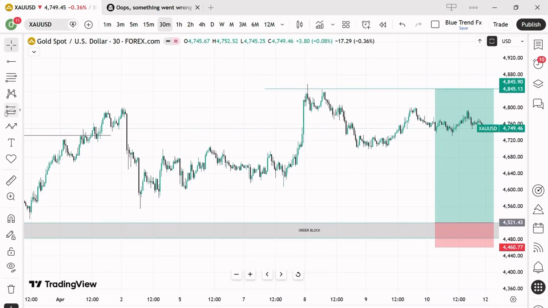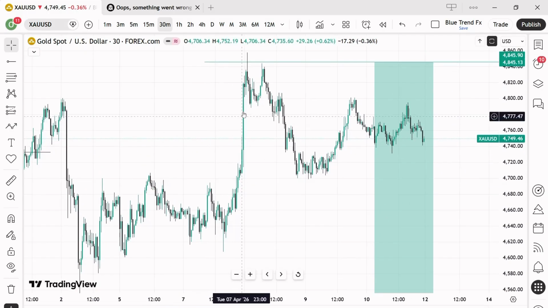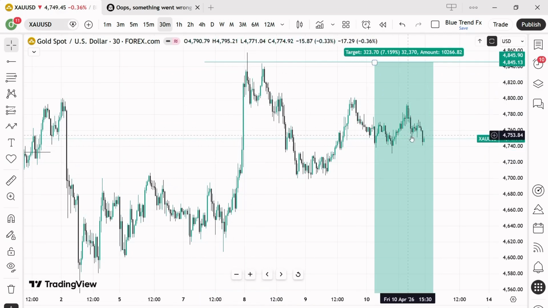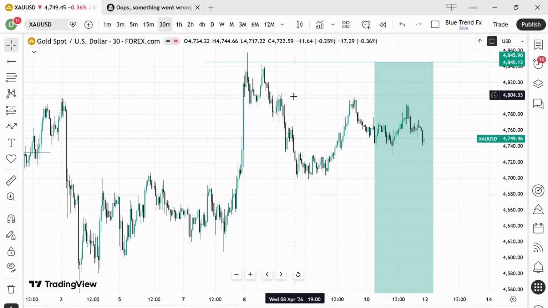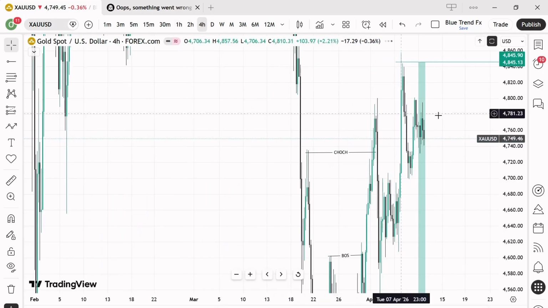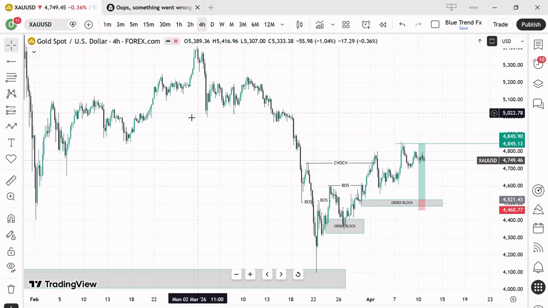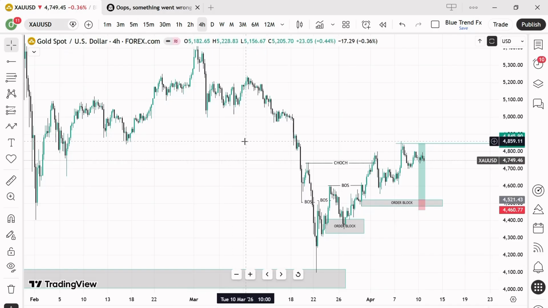So that's gold. That is all I have on gold right now, because this counter trade is not something I'm willing to dive into. It's not coming from a solid supply region.